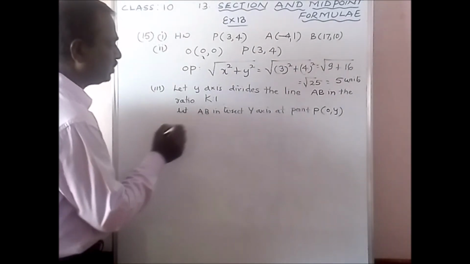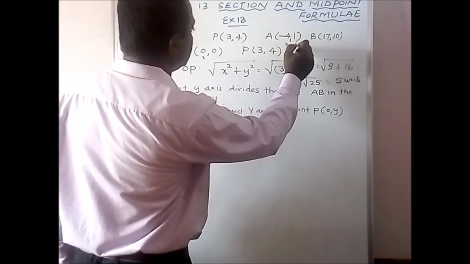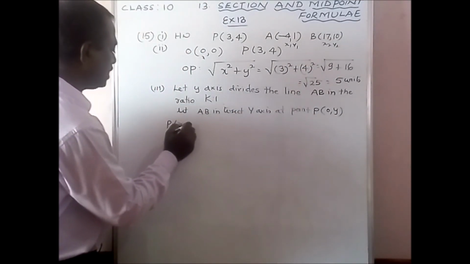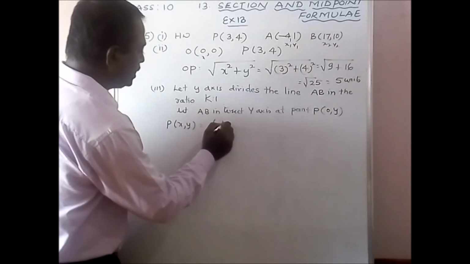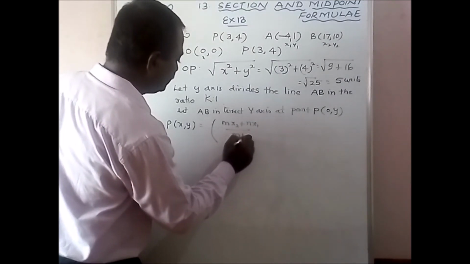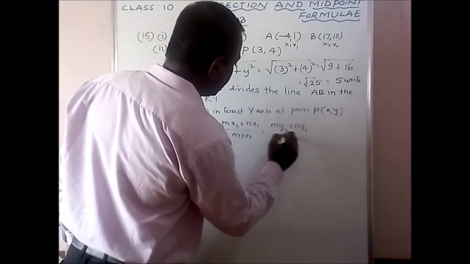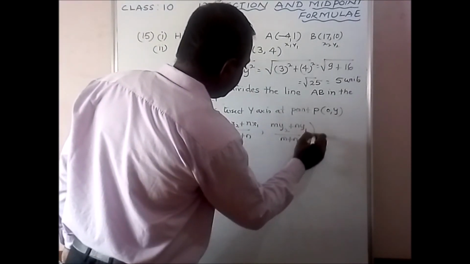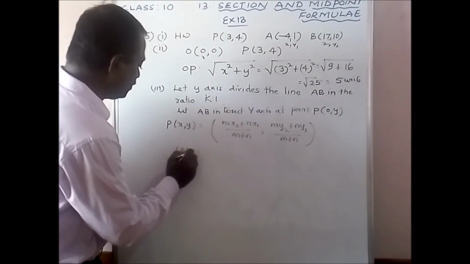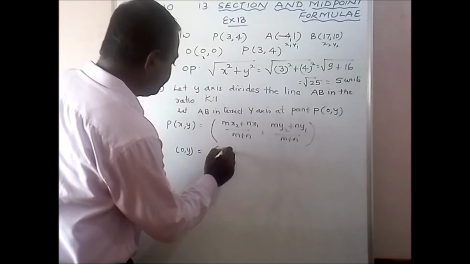We know the section formula. Let this be x1, y1 and this be x2, y2. So P(x, y) is equal to (mx2 plus nx1) by (m plus n), (my2 plus ny1) by (m plus n). Substitute the values. P is (0, y). What is m here? m is k.